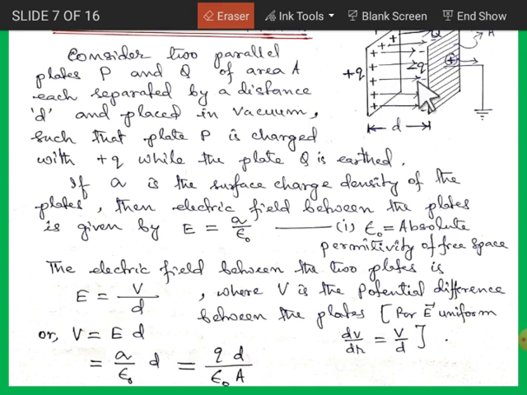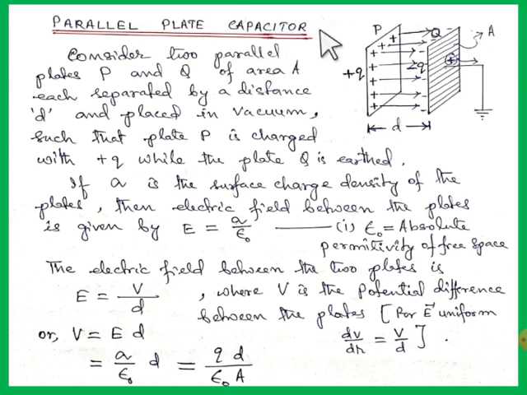As the charges are the same in magnitude and the common area is also the same, the charge density sigma will be the same. Sigma is Q by A: Q is here, minus Q is here, and the area is A for both plates, so sigma is the same.